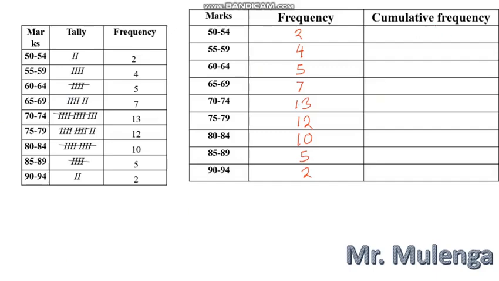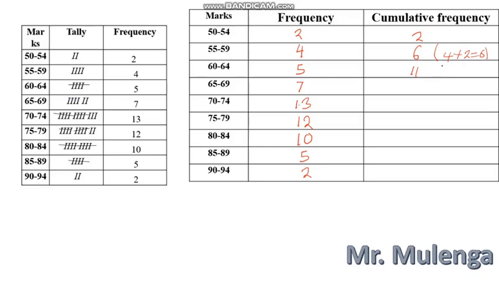So here to find the cumulative frequency, if you remember in lesson 1, we said this 2 would be the first one. Then to find the cumulative frequency for this frequency 4, it's 4 plus 2, so you get a 6. Then here again you add 5 plus 6, it's a what? 11.